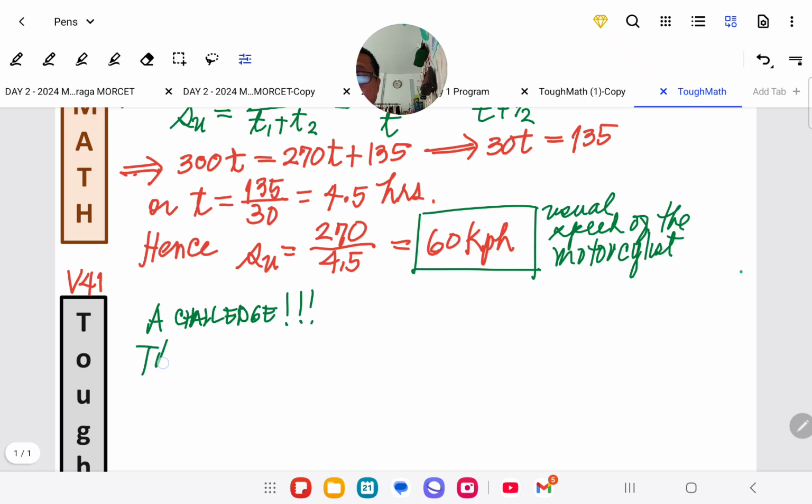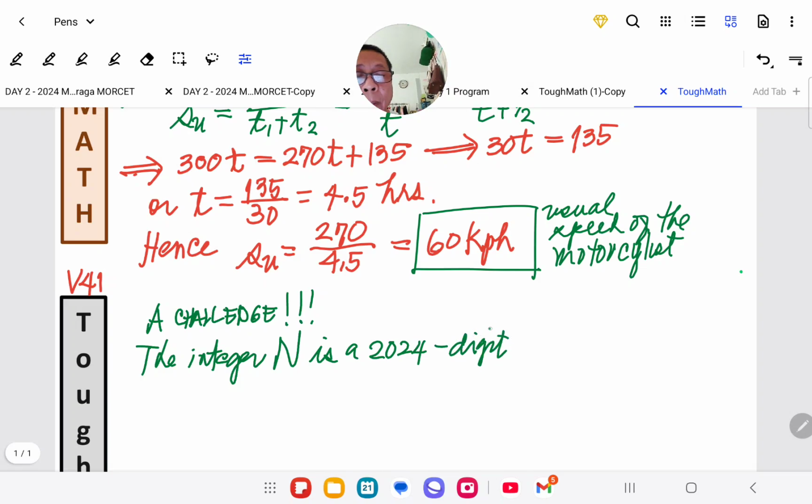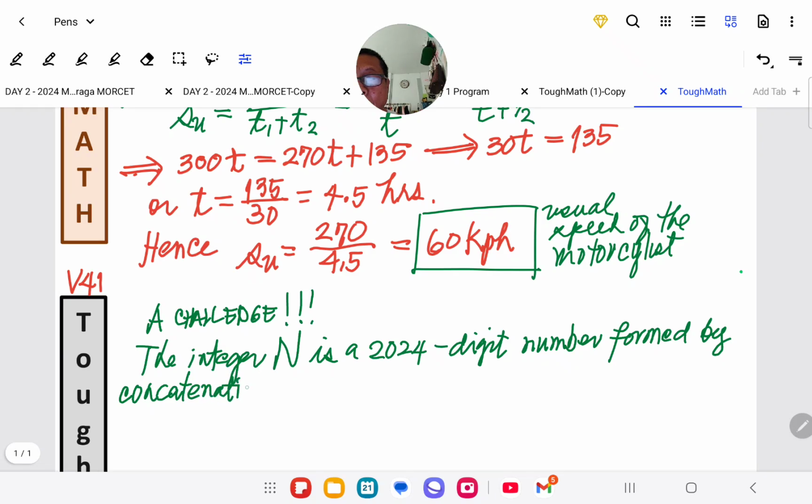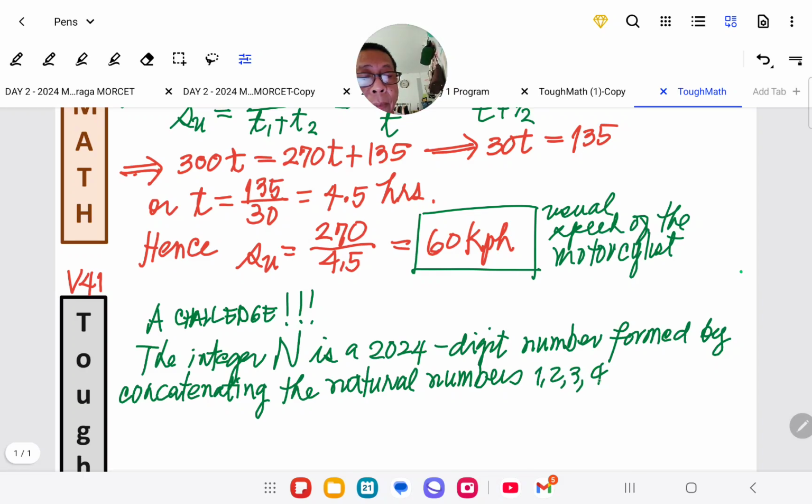The integer n is a 2024-digit number formed by concatenating the natural numbers one, two, three, four, and so on, 9, 10, 11, and so on.